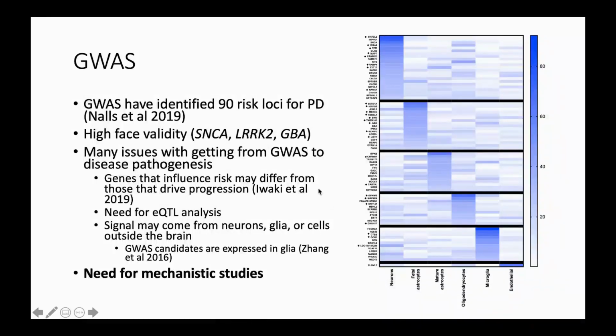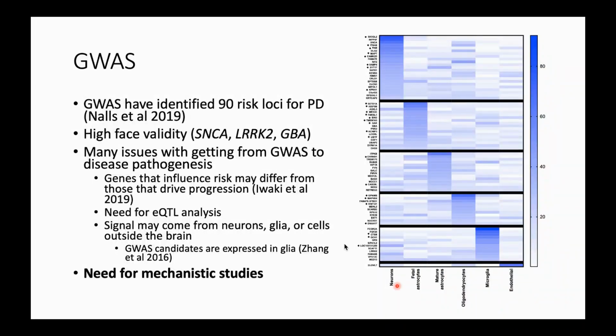And then finally, and of most interest to me, GWAS is really agnostic to the cell type of interest, meaning that the signal in a GWAS might come from neuronal expression of that gene, glial expression, or even expression from cells outside the brain. And if you look over here on the right, what I've done here is take all of the current GWAS candidates here on the y-axis, and I have used publicly available RNA-seq data from Ben Barres's group to look at their expression across brain cell populations.